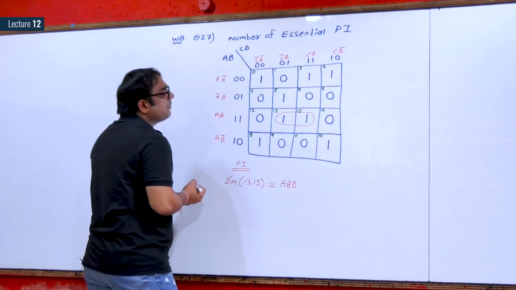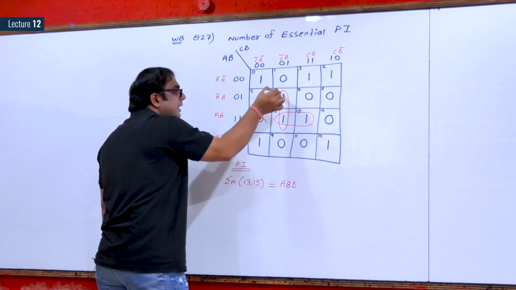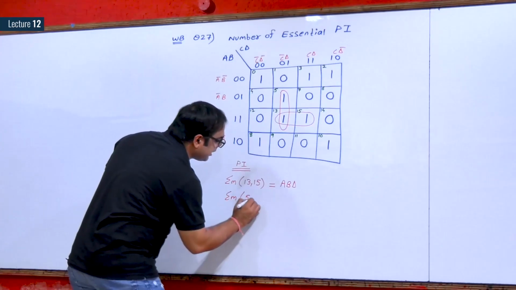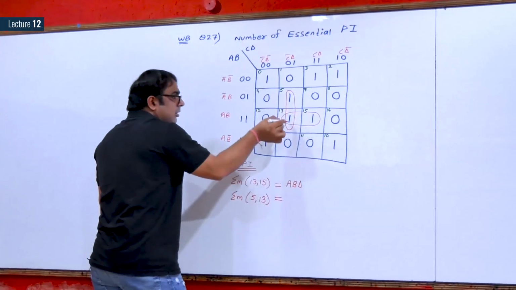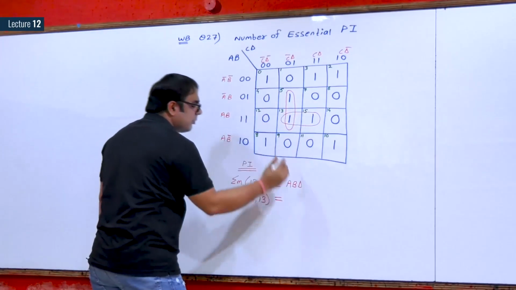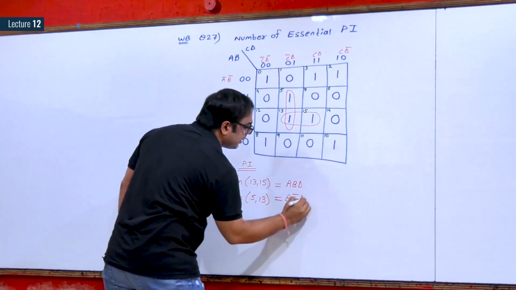Now another prime implicant is 5, 13. Minterms 5, 13. What is this term? This expression will be B is common from this side and C complement D is common from this side.